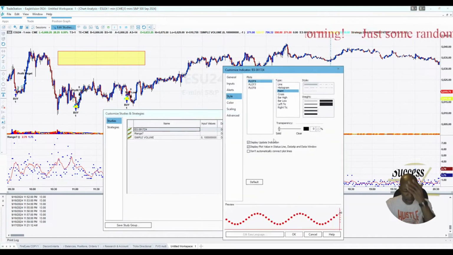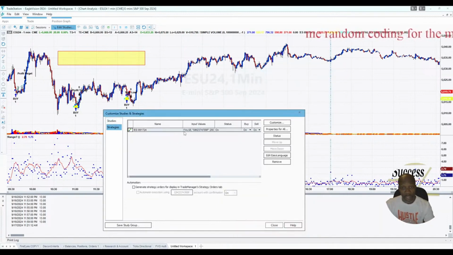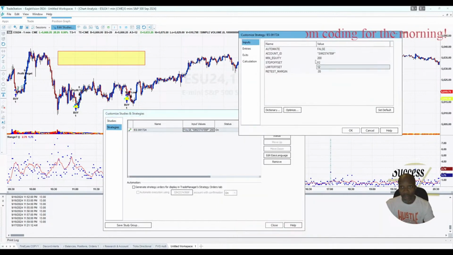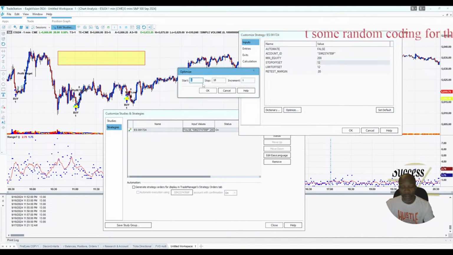And I don't even know what the settings look like for optimization in terms of number of ticks or offset, you know. So this should be ticks. So let's optimize these. 6 to our stop. Let's see how many points this is back here. We'll call it a 3-point stop loss, which 3 times 4 is 12.